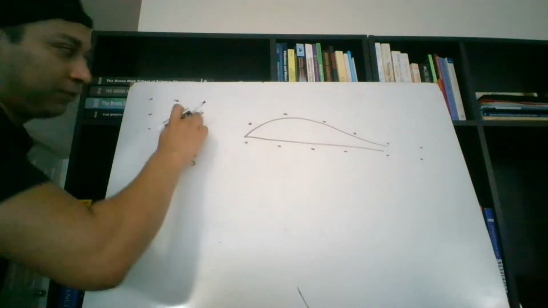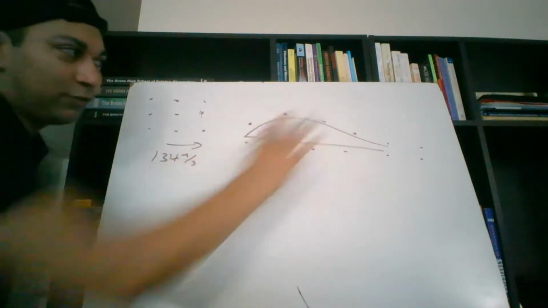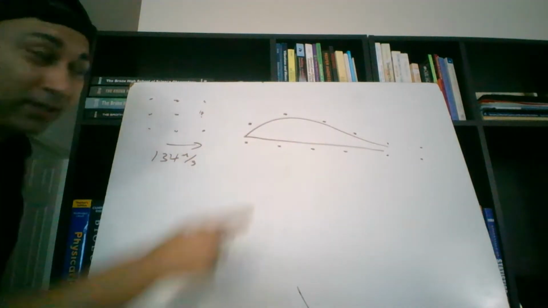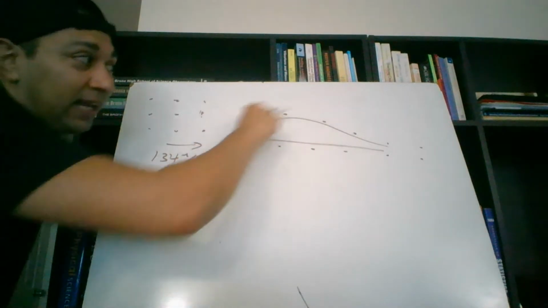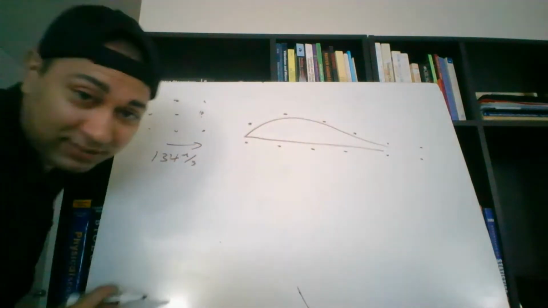So the particle that was above here and down here, they have to still match. But this particle has to actually go a greater distance.